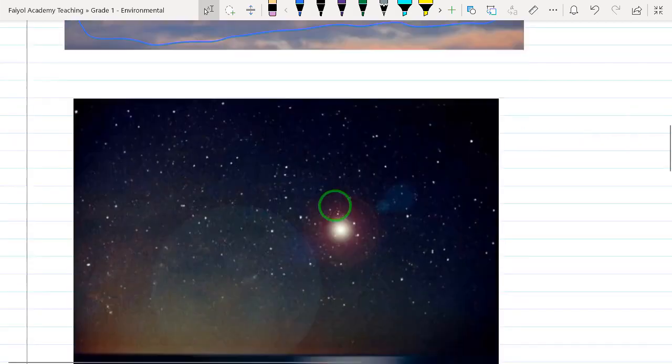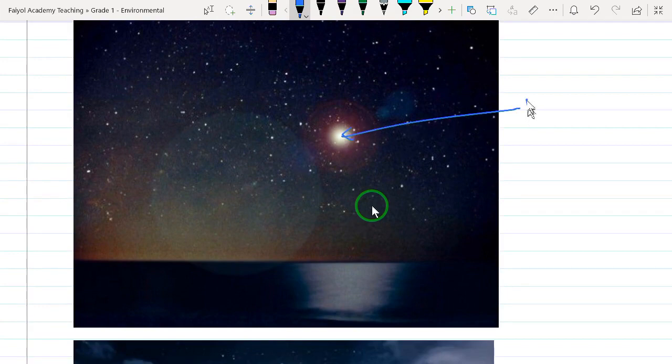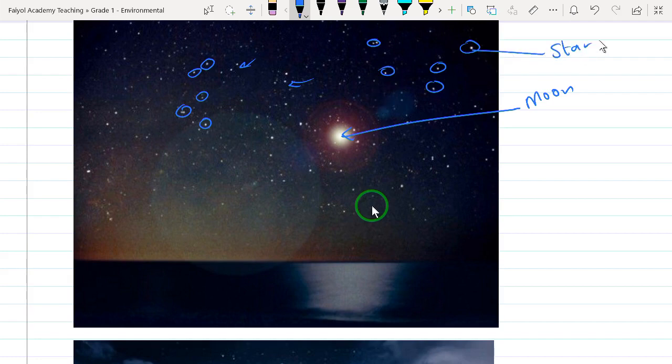What about at night time? We see dark. And sometimes we might see a very bright object called the moon, and then very many bright objects that you can see here. These are very tiny objects because they are very, very far away, and these are what we call the stars.